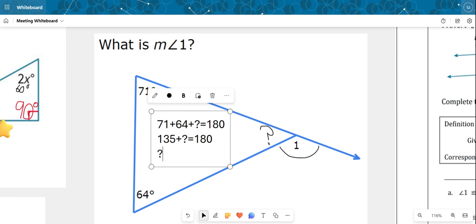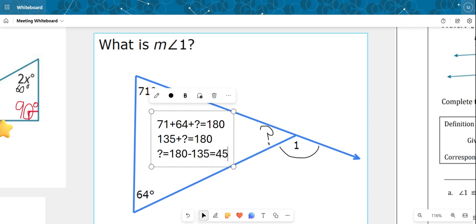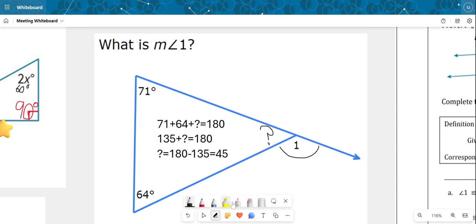We know that from this the question mark has to be 180 minus 135, which is the same as 45. So instead of a question mark, we get to place the number 45. Now realize that's not answering the question.